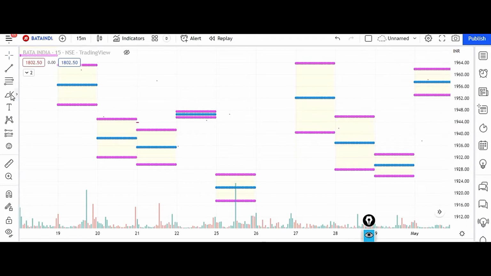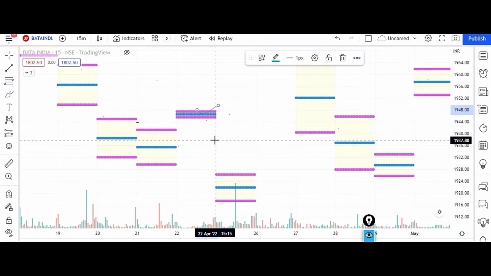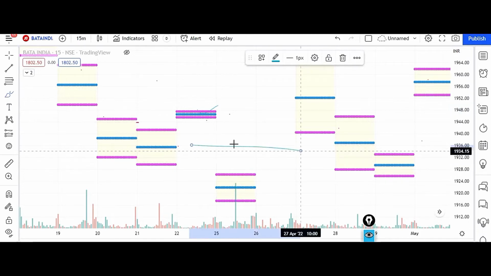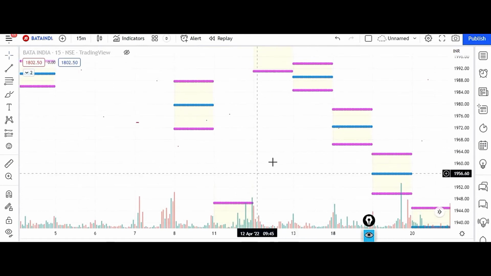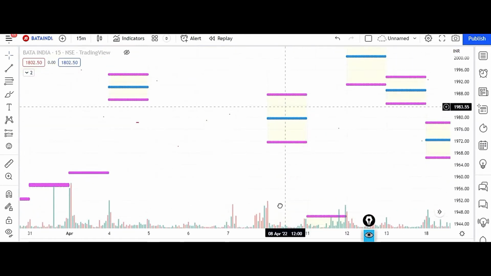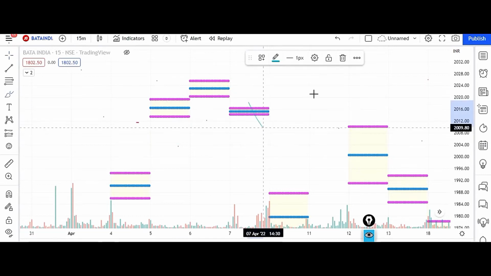This is a narrow range CPR. Figure out 2 NCPR. This is also another NCPR.